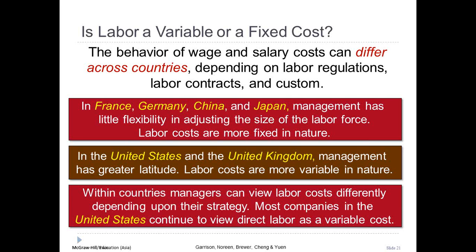So if a factory has 100 workers in France or 100 workers in Germany, it's very difficult to quickly go down to 50 workers and then maybe ramp up to 150 during the busy season, then come back down to 75 or 50 in a slow season.